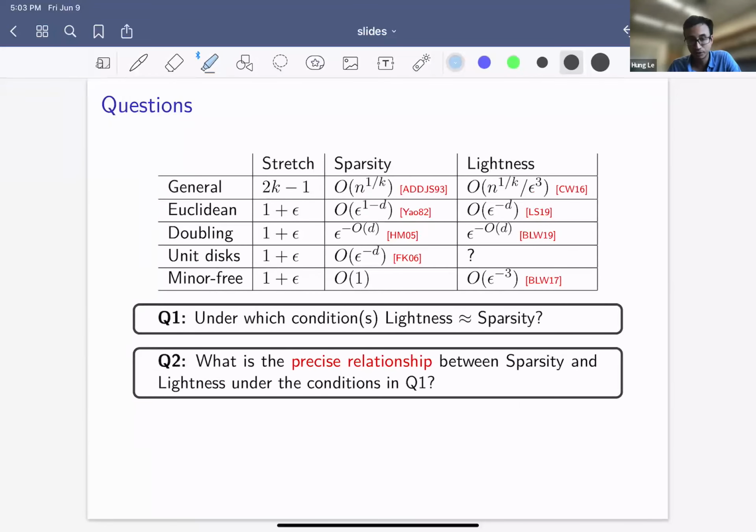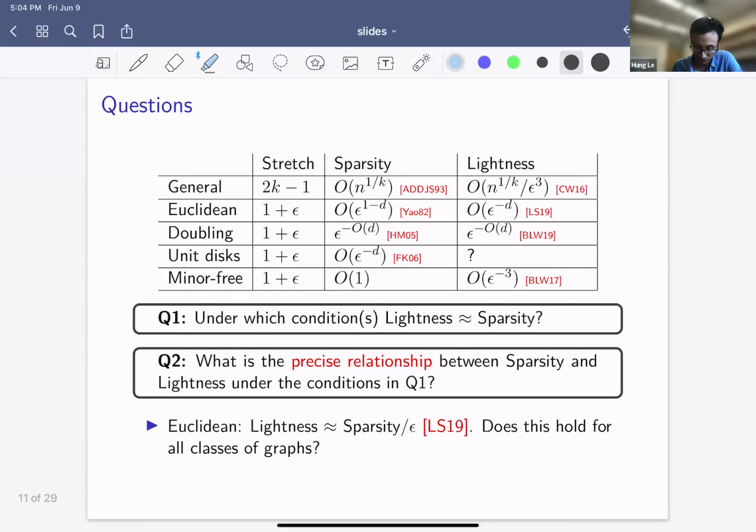And the second question that we study is, what is the precise relationship between sparsity and lightness under the condition in the first question? When we say precise relationship, we mean precise in terms of n, the number of vertices, and also in terms of the stretch, and also in terms of epsilon.